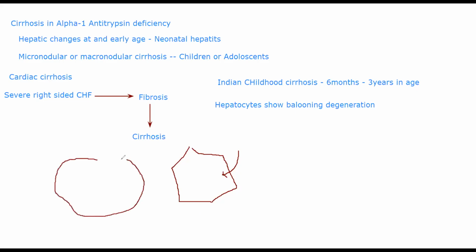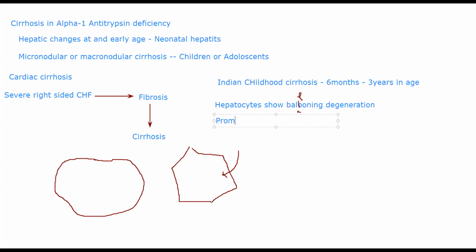That is called ballooning degeneration. It will literally balloon out and there will be degeneration. Your nucleus will move out to the side, there will be damage to your cytoplasm and your cell organelles, and eventually the hepatocyte will die. That is ballooning degeneration. There is another L here. Okay, BALL, ballooning.